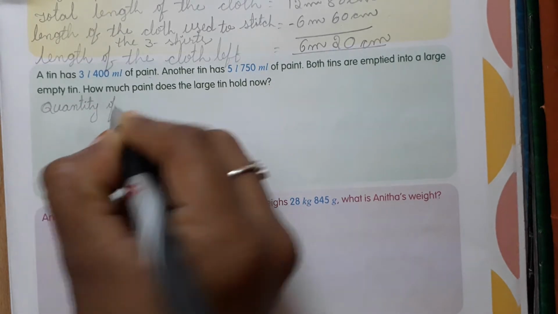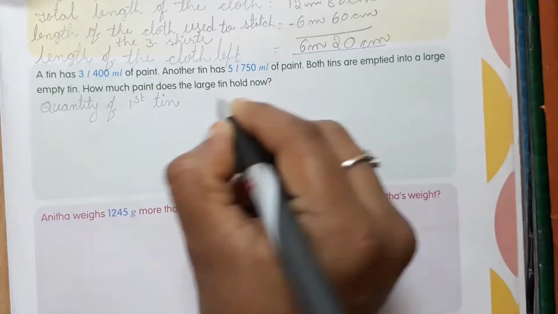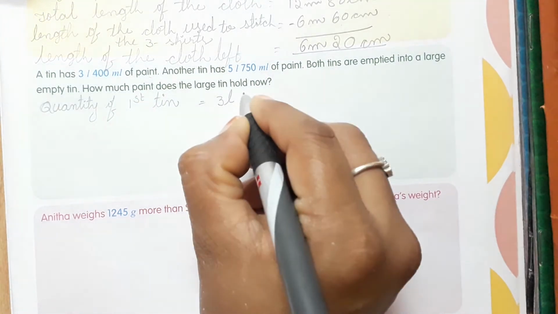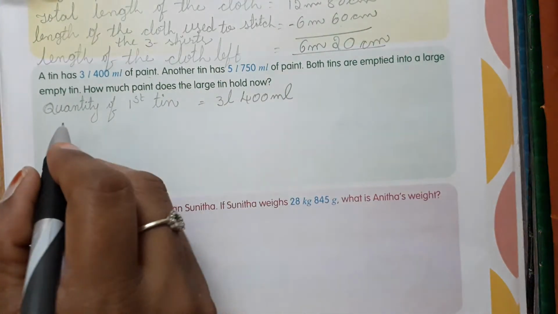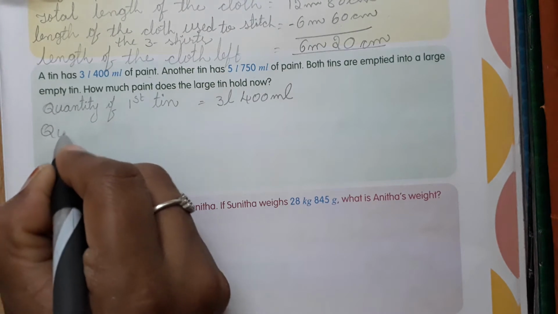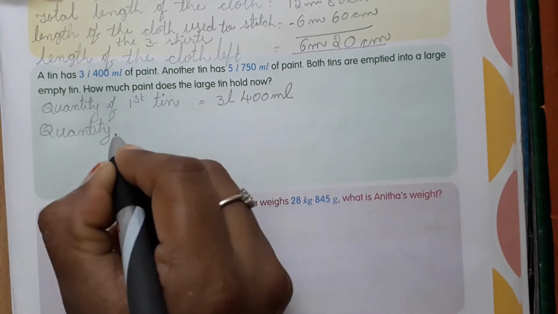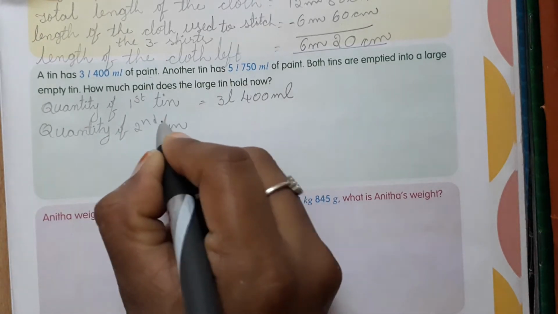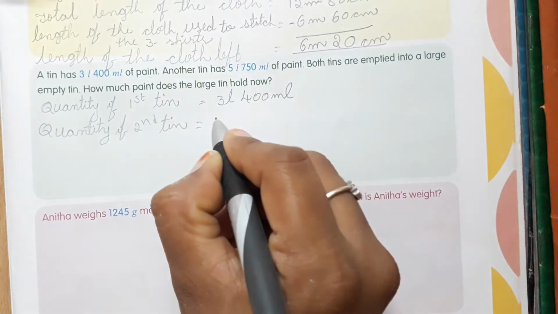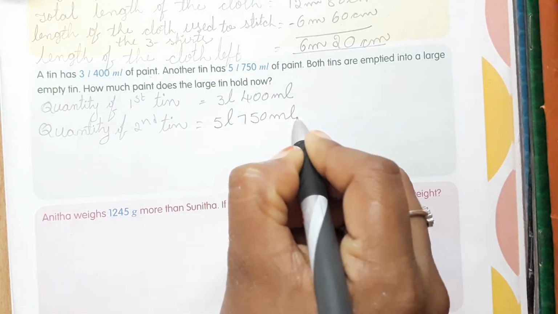Quantity of first tin. How much? 3 liters 400 milliliters. Next, quantity of second tin. How much? 5 liters 750 milliliters.